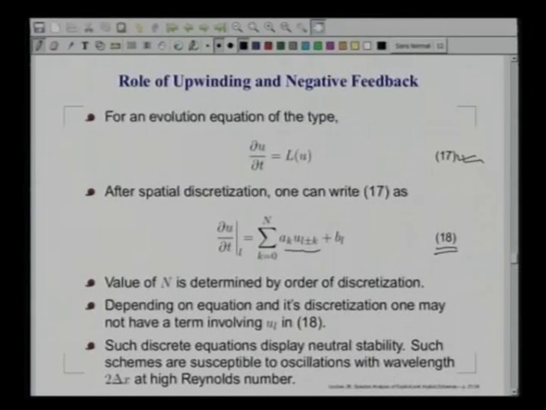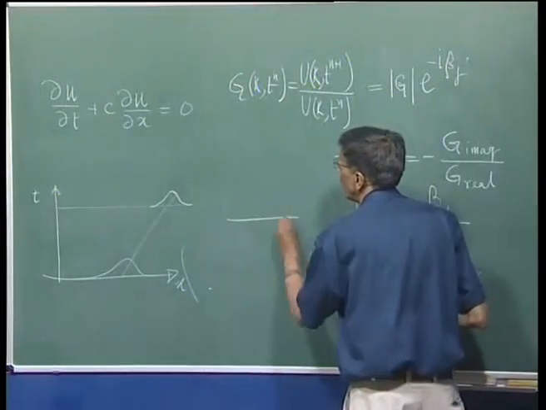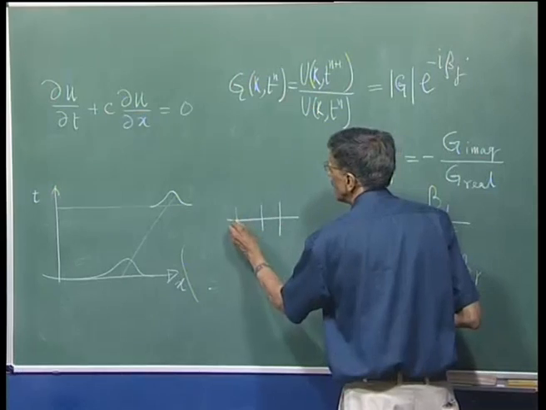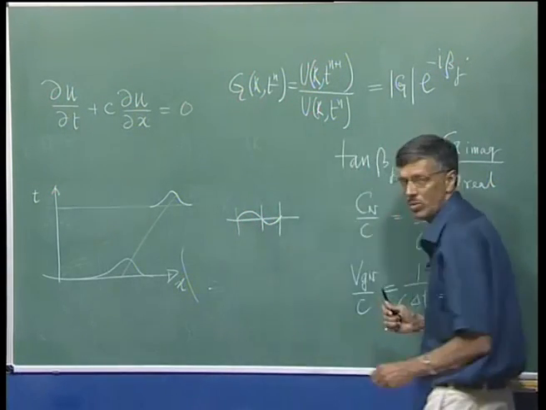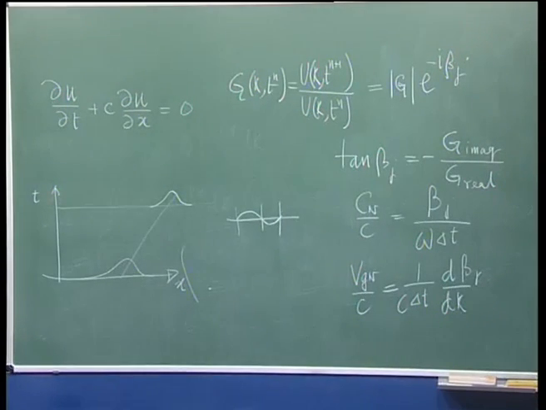You always see oscillations with wavelength 2 delta x, and this is the highest wave number that you can resolve with that grid. If I have grid points like this, this is the smallest wavelength wave that I can represent.